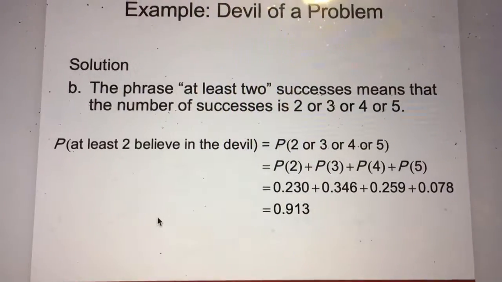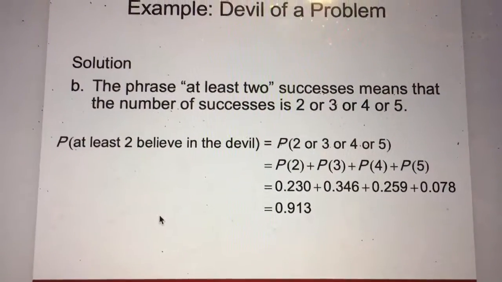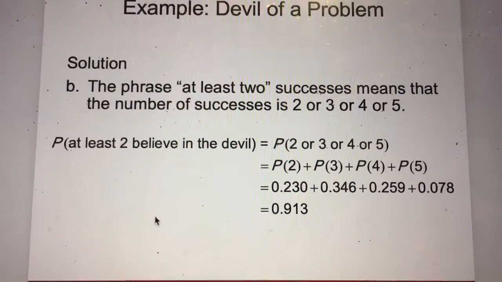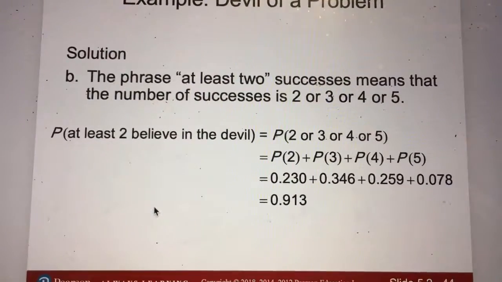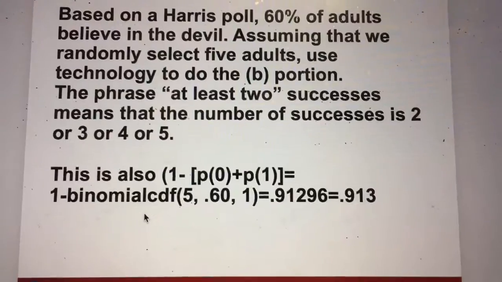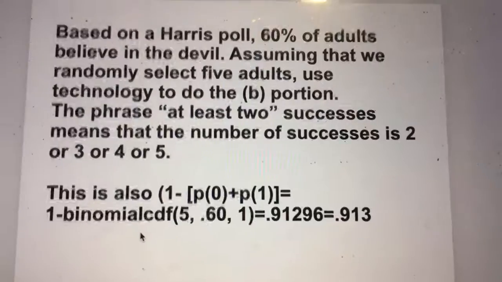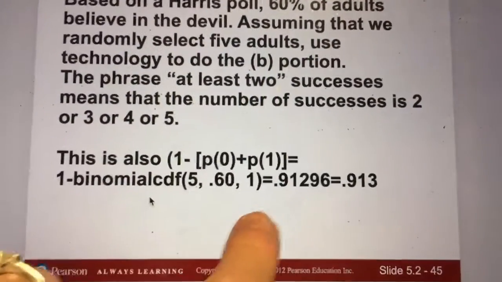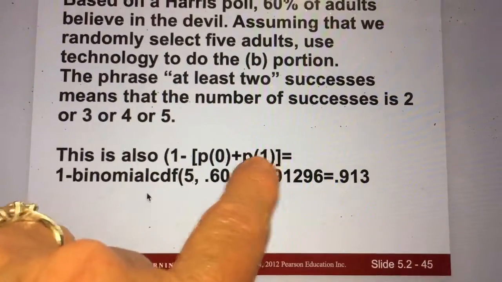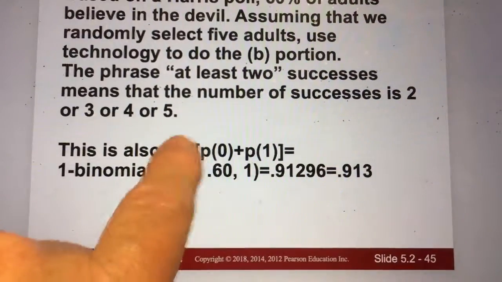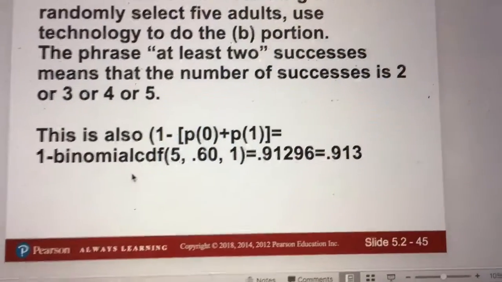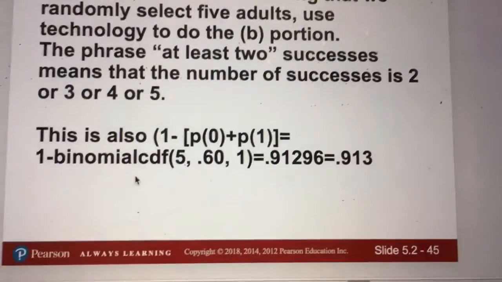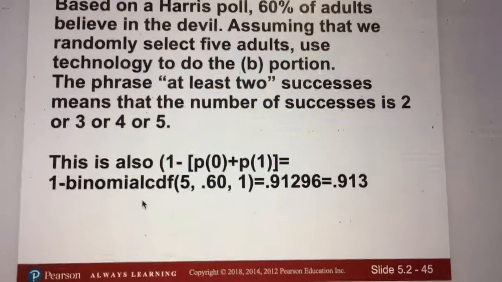Okay, so I want you to get really comfortable with doing this and think of complements when it helps you do less calculation. Okay, it's much faster to calculate the CDF, everything before 1, and then subtract it from 1 to get the 2, 3, 4, 5 than it is to do them each individually.